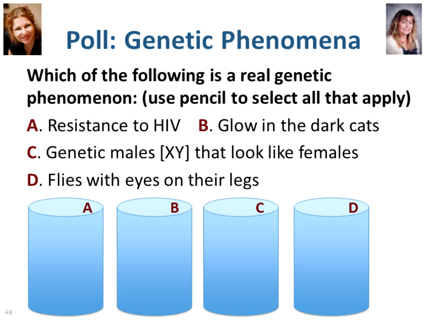So let's try another little poll. Which of these is a real genetic phenomenon? You can use your pencils to draw in the little bins, the little cylinders, which ideas you think are real genetic phenomena, and you can select more than one.